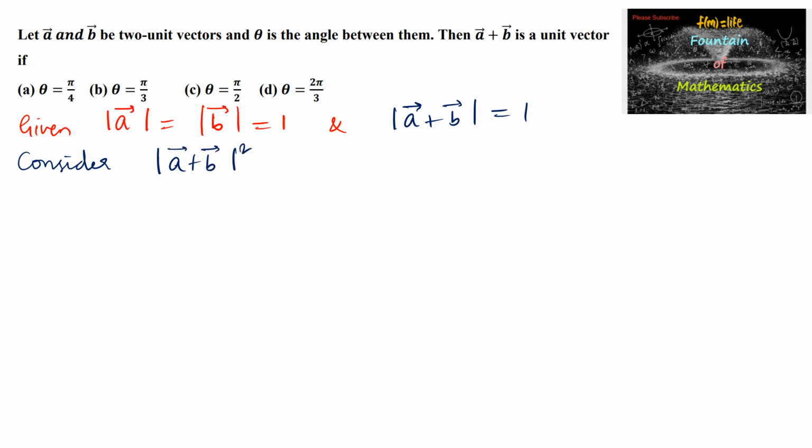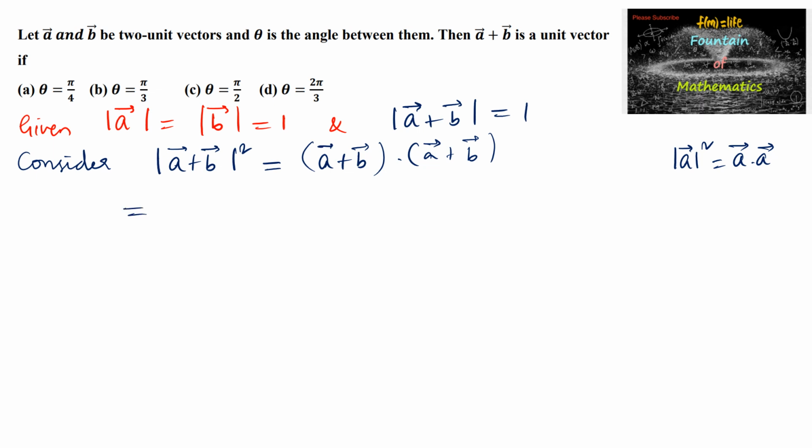whole square. Since we know that mod A square is equal to A dot A, we can write here (A plus B) dot (A plus B).